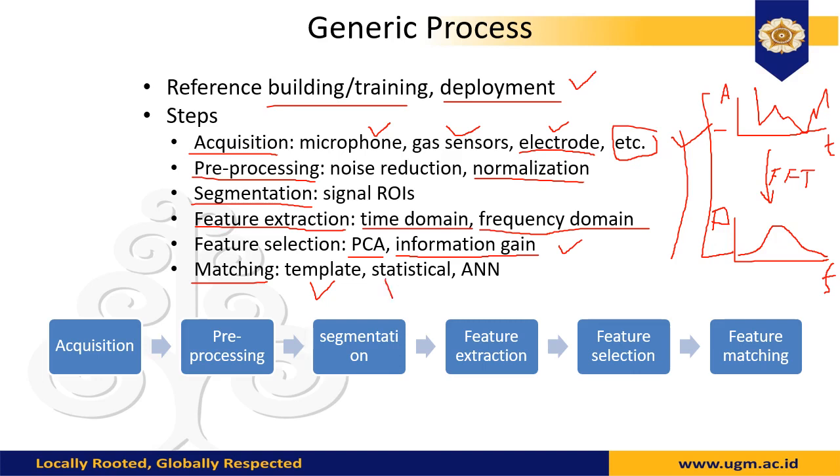Okay, we could also use a statistical approach and a combination of statistical with artificial neural network, where the features are extracted from a statistical approach, and then the matching is carried out using the artificial neural network, or any combination that we have discussed in our first meeting.